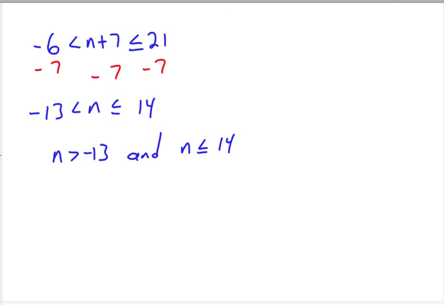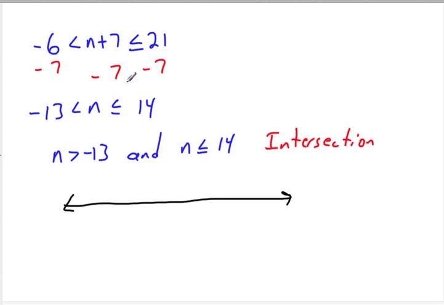So we have n being greater than negative 13 and n being less than or equal to 14. This is an intersection. Okay, because remember, we're drawing this number line and we're combining. So we'll start at negative 13, go to 14. So greater than negative 13 would go on forever to the right, and less than or equal to 14 would go forever to the left.